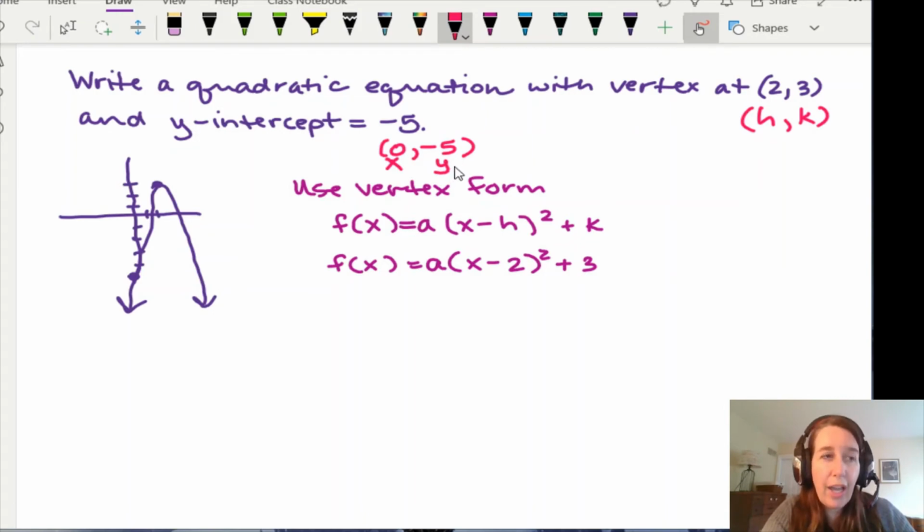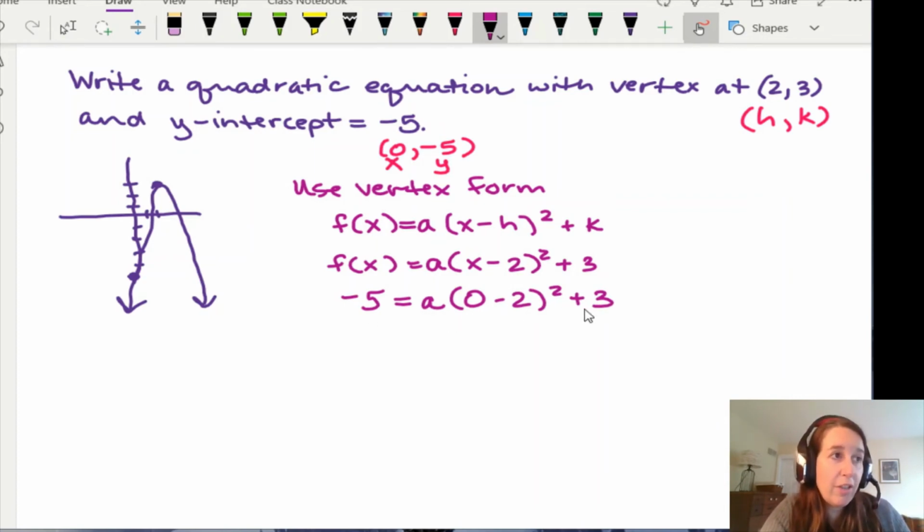And remember, f of x equals y. So we can plug in -5 for the f of x, keep that a, and then x will be 0 minus 2, squared, plus 3. Okay, and then look, we actually know everything in the equation except a, so we just solve for a.